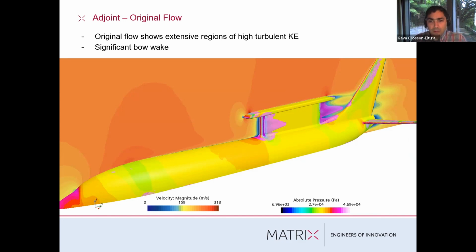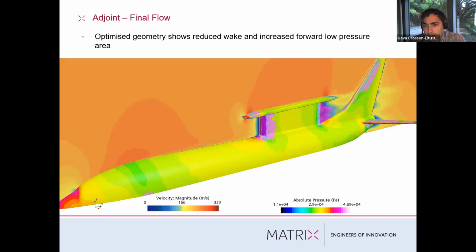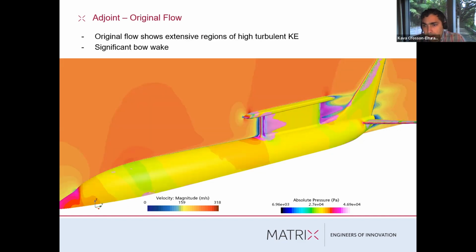Those are of turbulent kinetic energy, and they serve to indicate generally where wake-induced drag is occurring. So that's the original structure. And I'm going to just go back and forth between original and modified now. So modified is like this. Original, modified.